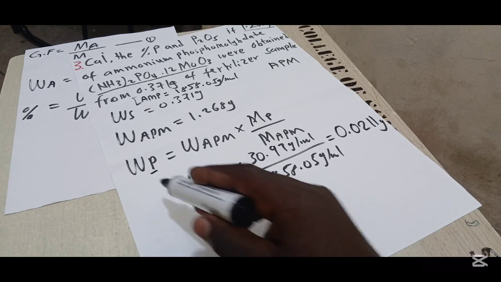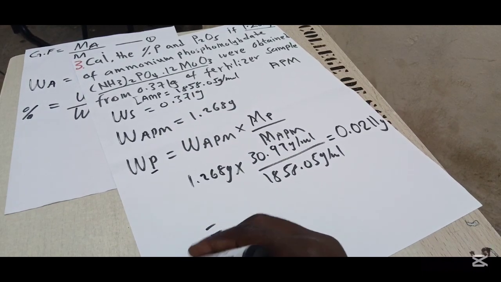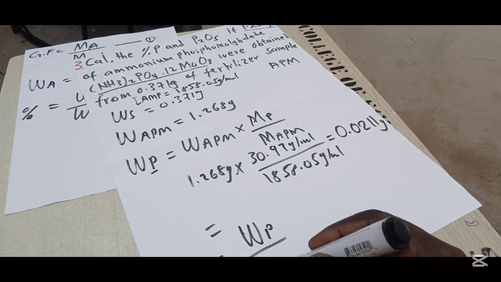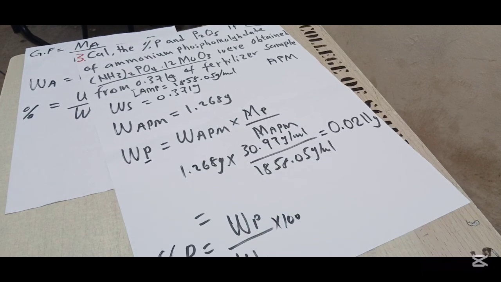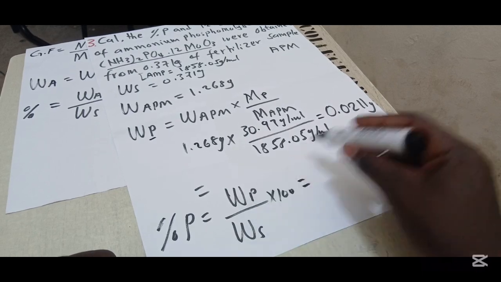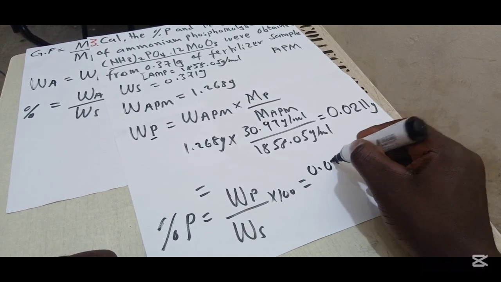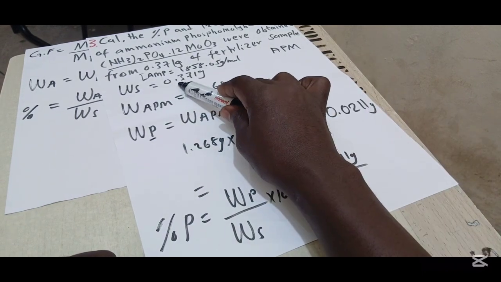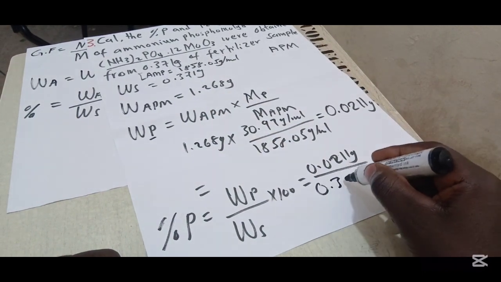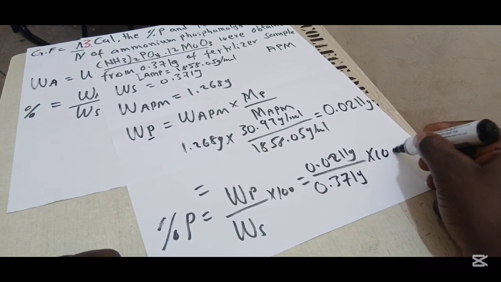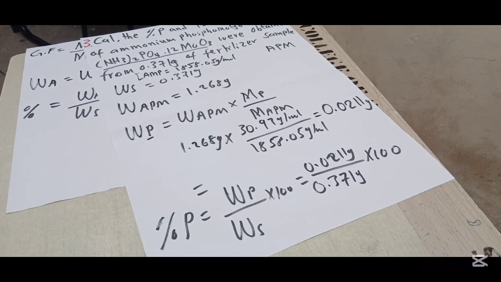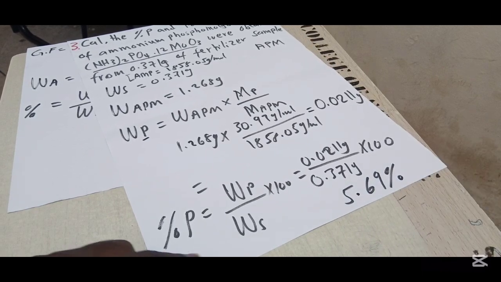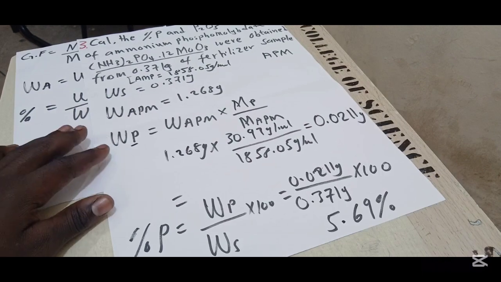Let's go ahead and calculate the percentage of phosphorus. The percentage of phosphorus is the mass of phosphorus over the mass of sample times 100. So the weight of phosphorus is 0.0211 grams over the weight of our sample, given to be 0.371 grams, times 100. This is going to give us 5.69%. So that's it for this question.